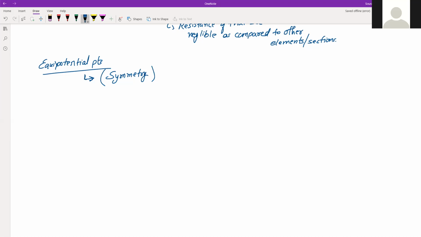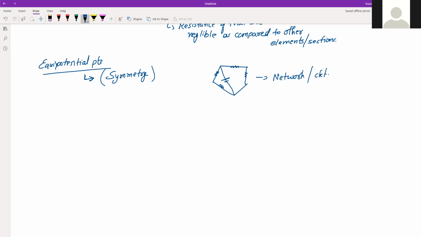Now in any network, this circuit is sometimes also called a network or circuit, both are the same. It can be like this, even this can be one of your circuit diagrams.